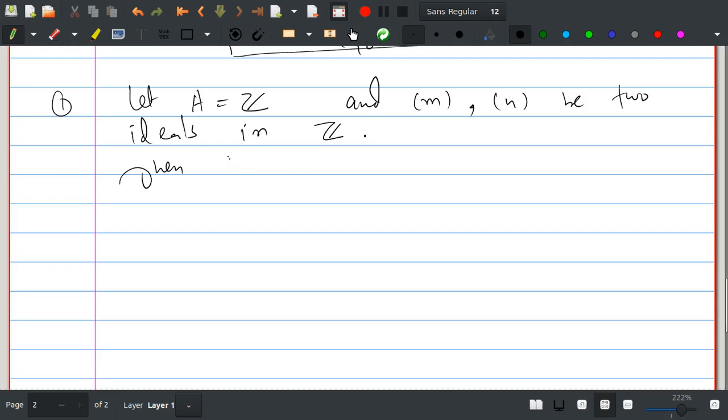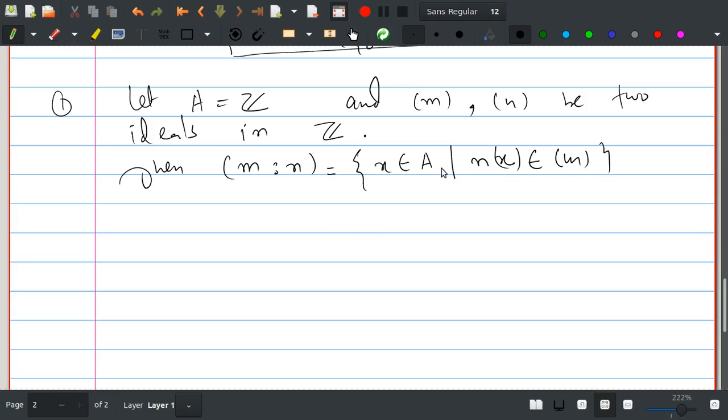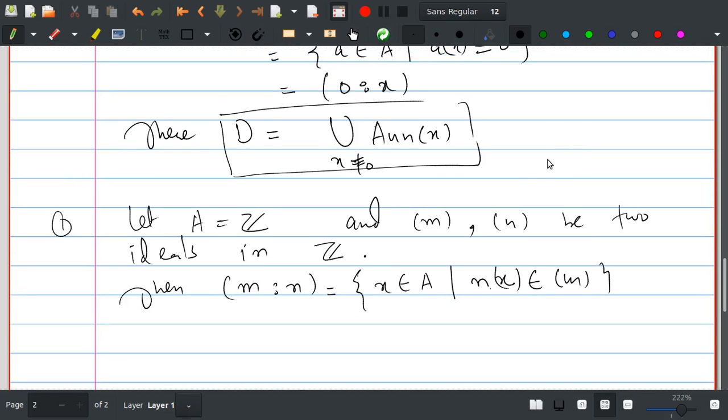Then M colon N is the set of all elements x in A such that Nx is contained in the ideal M. So Nx is an element of this ideal M if and only if M divides Nx, because 4 is in the ideal generated by 2 because 2 divides 4.